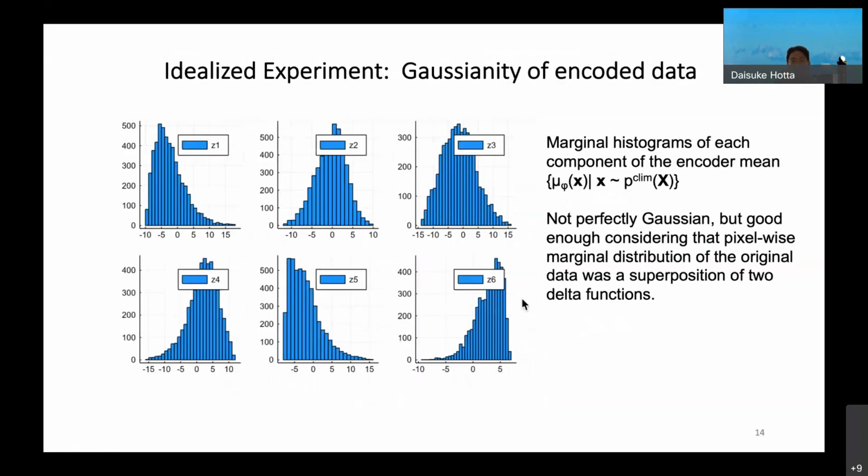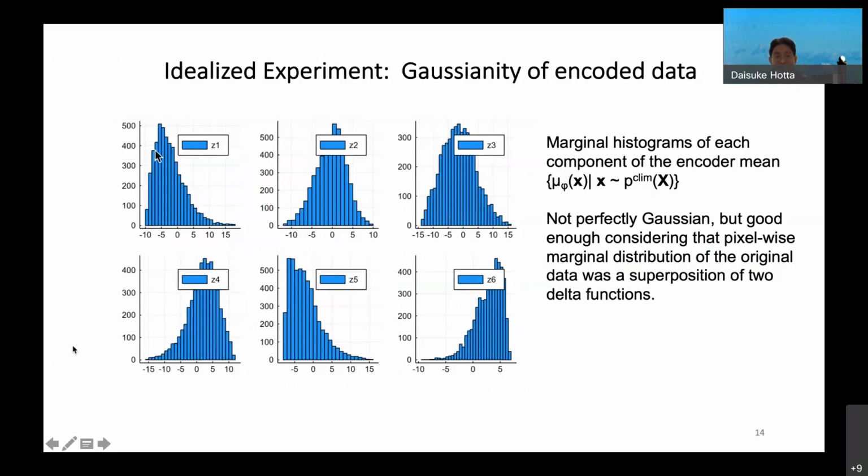So now I check whether the non-Gaussianity was mitigated by this encoding. I'm showing here the marginal histograms of each component of the encoded data given climatological input.